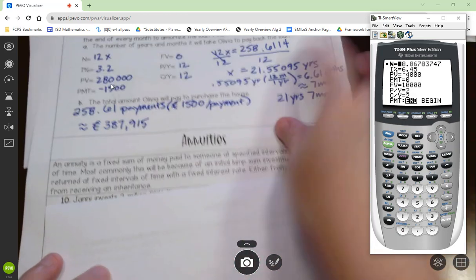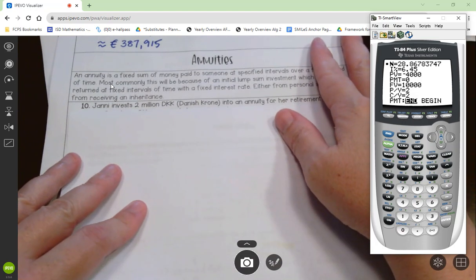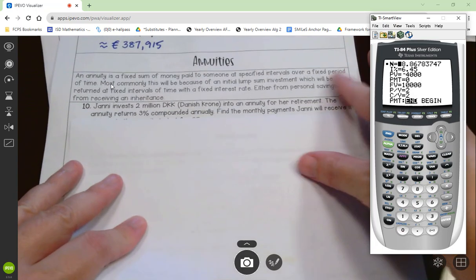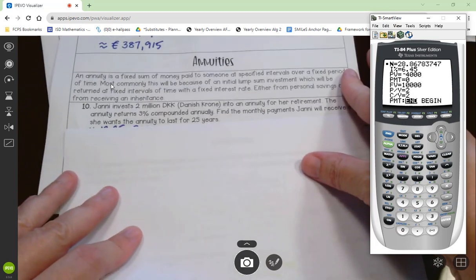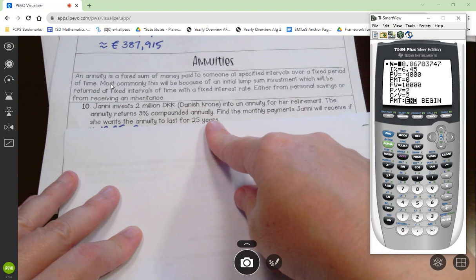So here's Janny. Janny invests 2 million Danish krone into an annuity for her retirement. The annuity returns 3% compounded annually, and we're trying to find the monthly payments Janny will receive if she wants this annuity to last for 25 years.